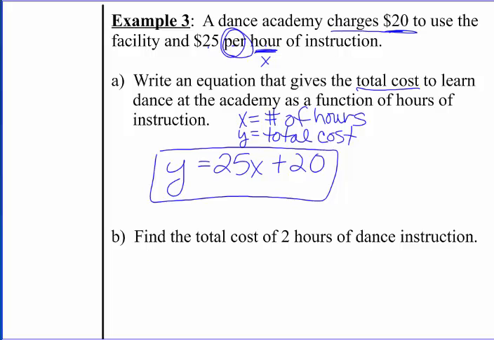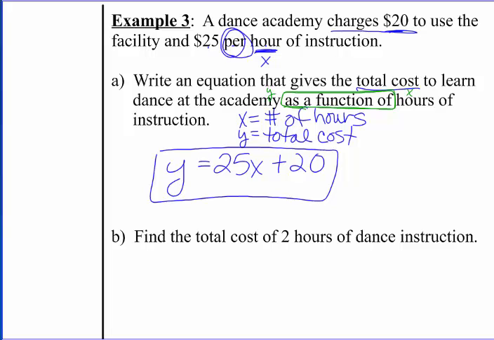This is a good opportunity to talk about a particular phrase that you are going to see a lot: as a function of. That is a very important phrase because knowing where that phrase is will also help you identify what your x and y variables are. It's always y in front, as a function of x after.